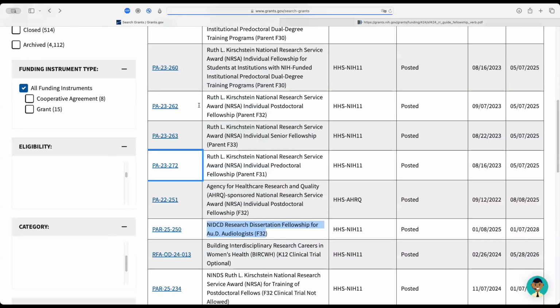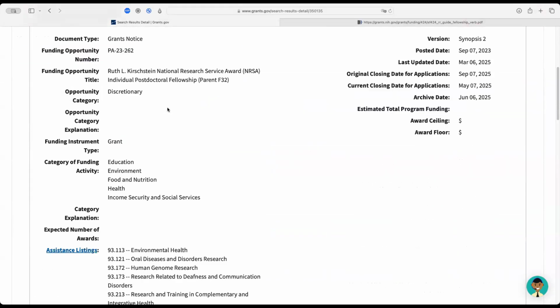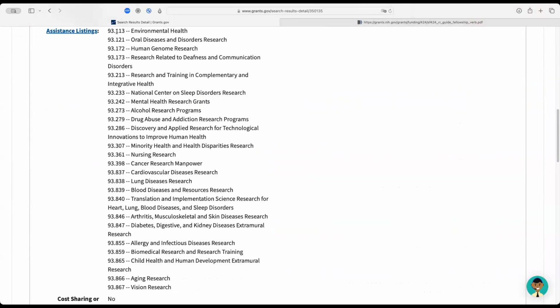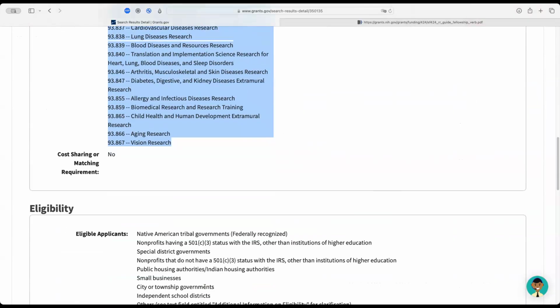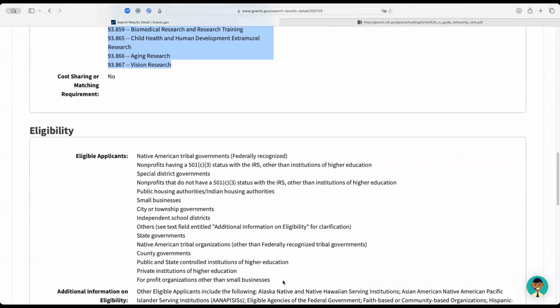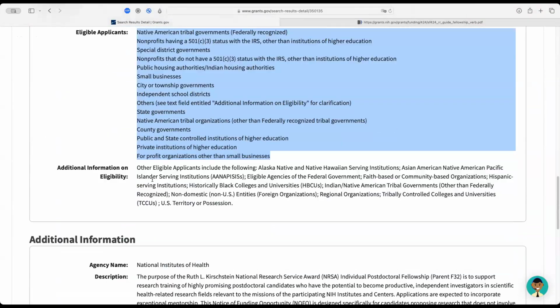Let's back up again. Now, we also have postdoctoral, and you're going to see a lot of things that are similar here, where we're looking at, again, a broad group of disciplines within the larger NIH umbrella. We'll see that the applicants should be entities rather than individuals.